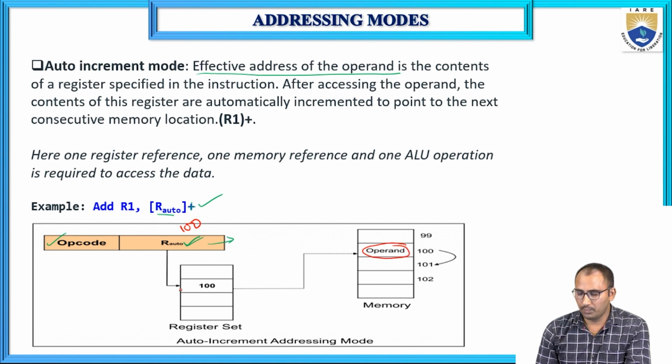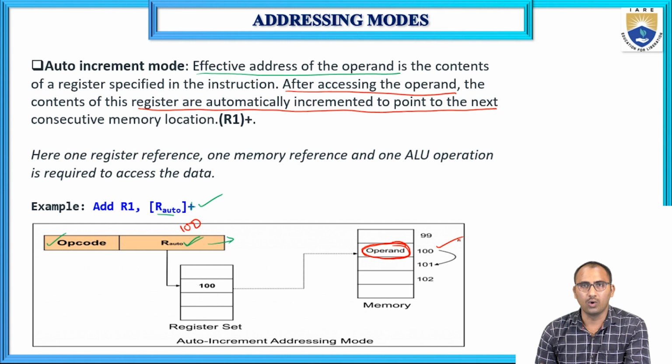So the CPU can access that operand, and after accessing the operand, the contents of the register are automatically incremented to point to the next consecutive memory location. We have accessed the operand present in location 100, so after accessing, its address will be incremented to point to the next consecutive memory location.